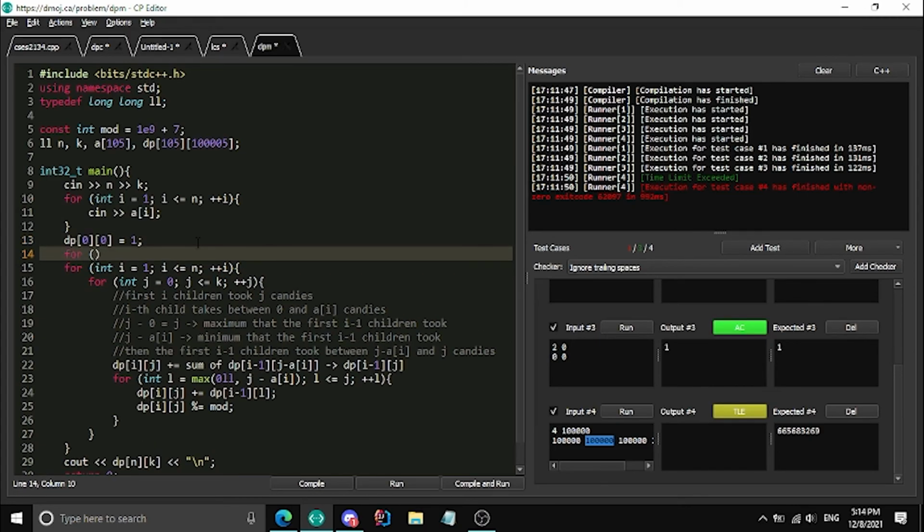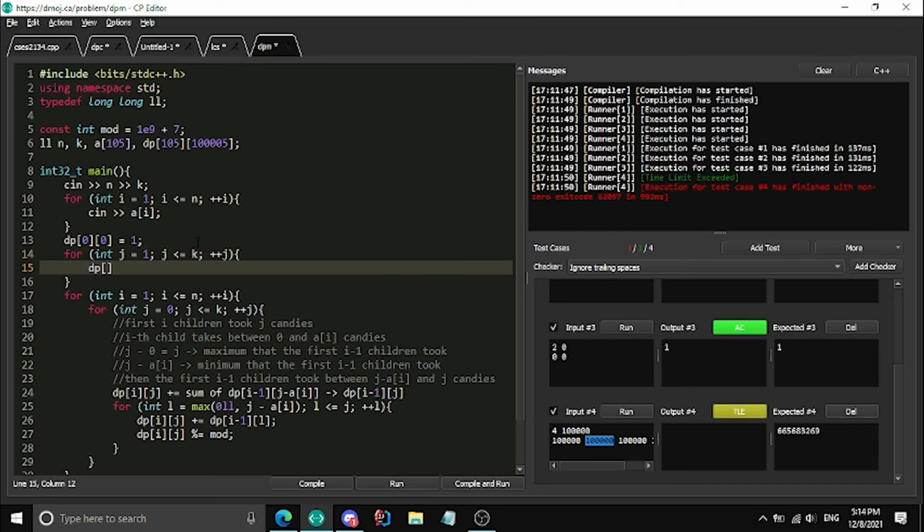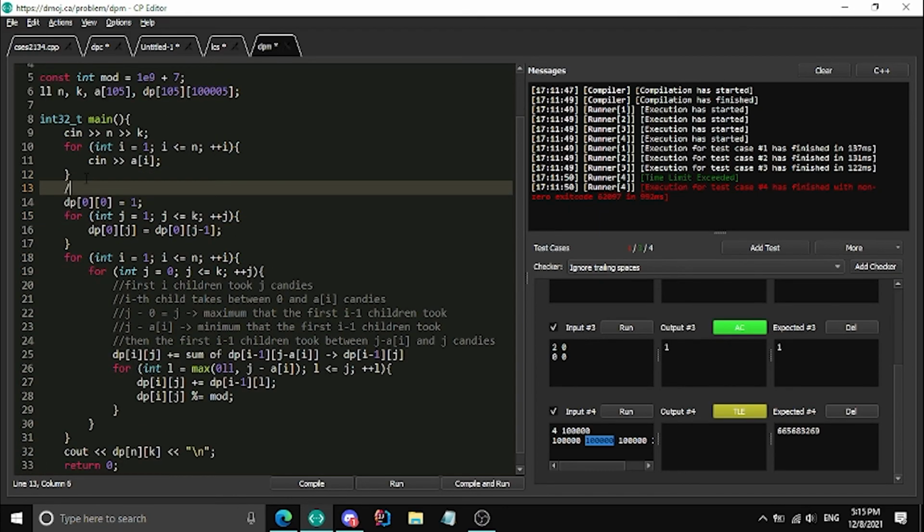So for j equal to 0, j smaller than or equal to k, plus plus j, we'll have dp at the first 0 children for j candies at j minus 1. Okay, so now this is going to be our prefix sum array for our base case.